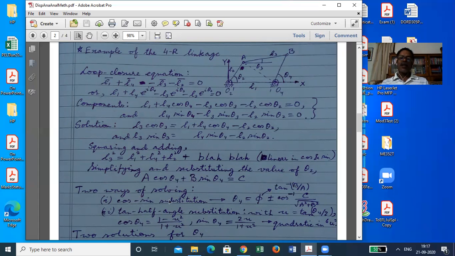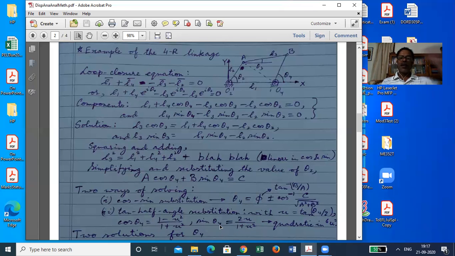Other than cos sin substitution, equivalently, you can do a tan half angle substitution. Call tan theta 4 by 2 as u and then say that cos theta 4 is then 1 minus tan square theta by 2 by 1 plus tan square theta by 2. And sin theta 4 is twice tan theta by 2 by 1 plus tan square theta by 2.